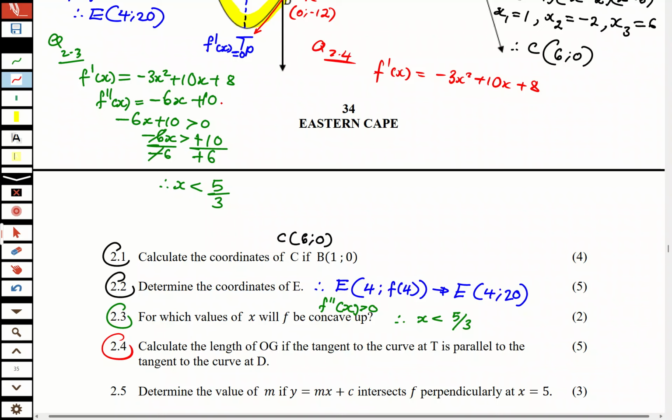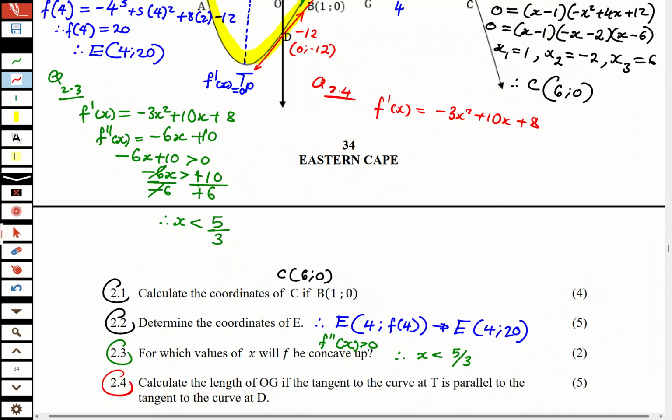So now let's try to find the gradient at x equals 0. Remember, you simply substitute x with 0 there. So you simply say, what is the gradient at x equals 0? This is going to give you negative 3 into 0 squared plus 10 into 0 plus 8. This will go away.